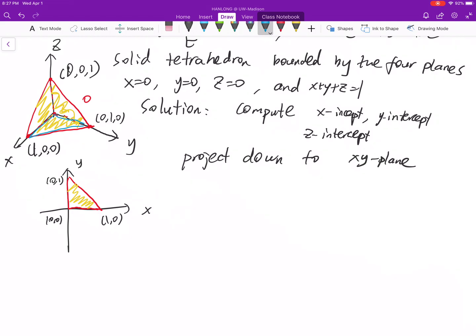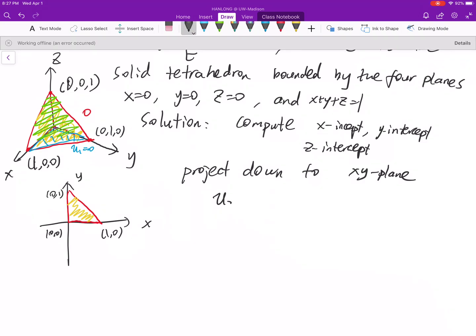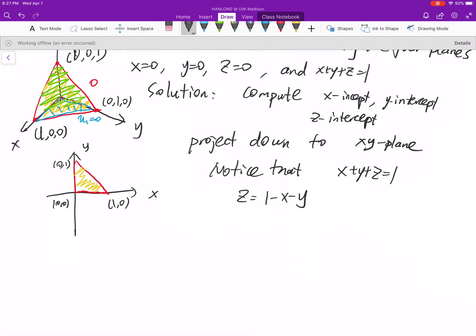The first one is this, so u1 equals 0. And the second one is the green part. So u2, because x plus y plus z is 1, therefore z is 1 minus x minus y. So that's the equation for the graph for the green part.